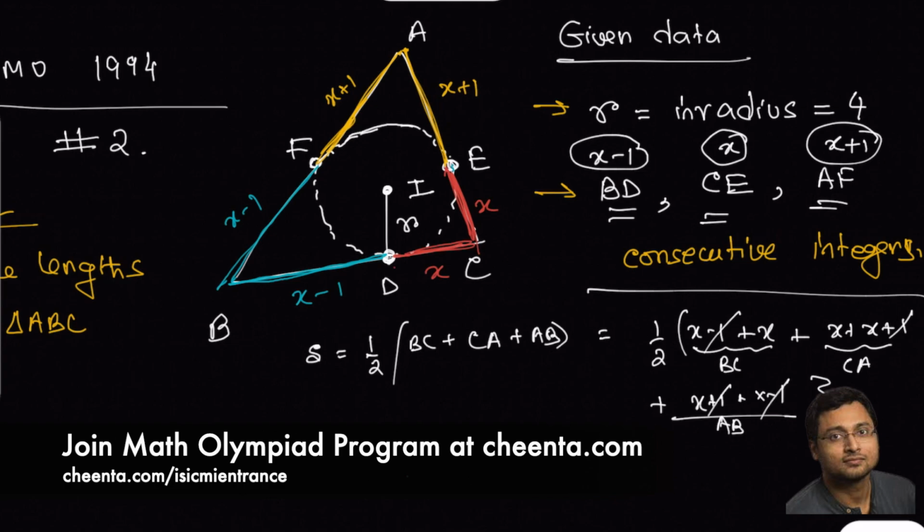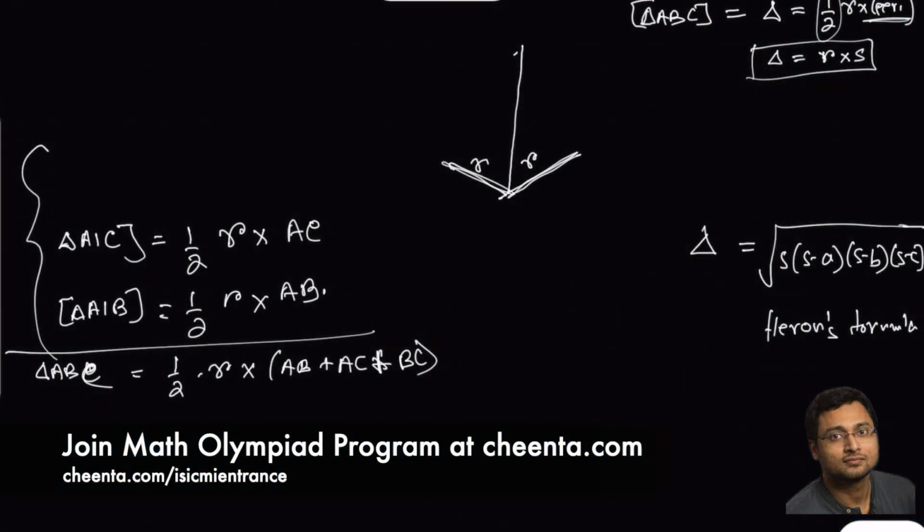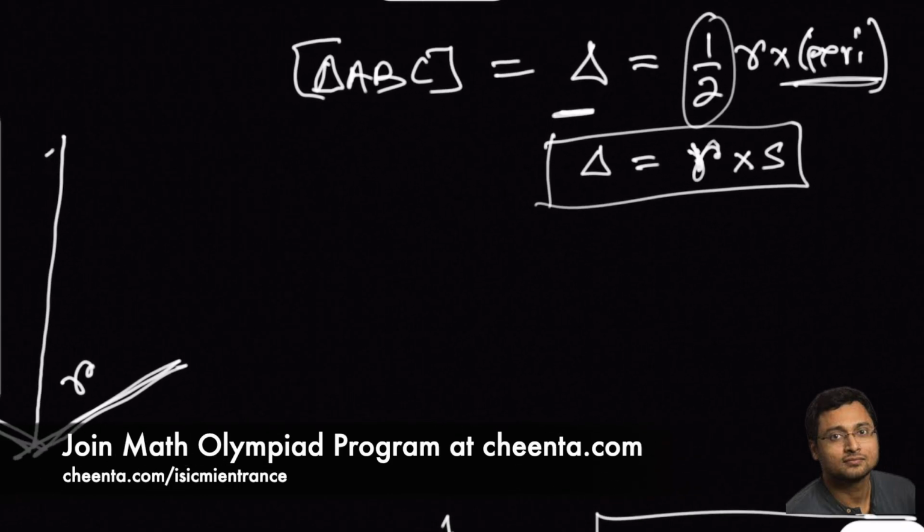So the semi-perimeter s becomes 3 times x. So what do we know? We know that the area can be computed using this formula, that is r times s.